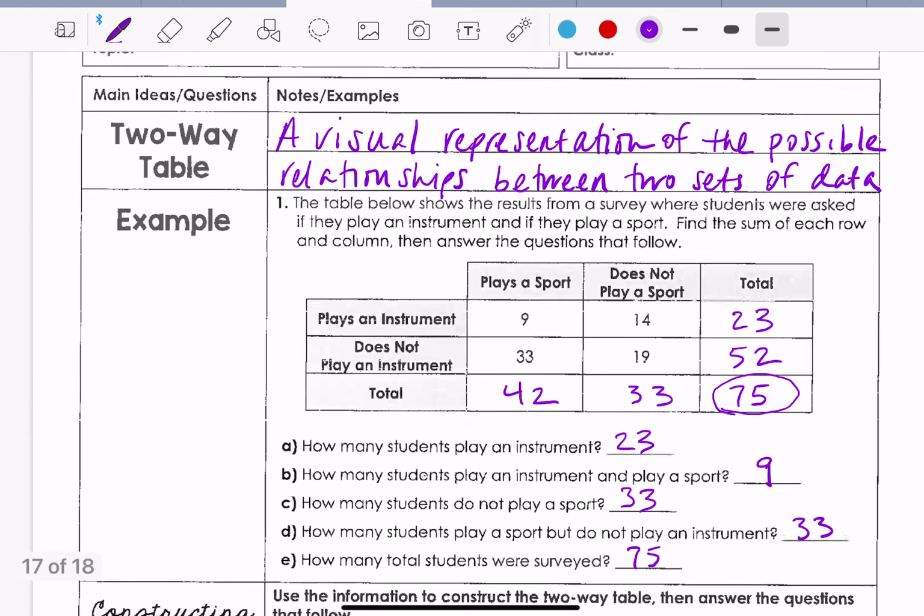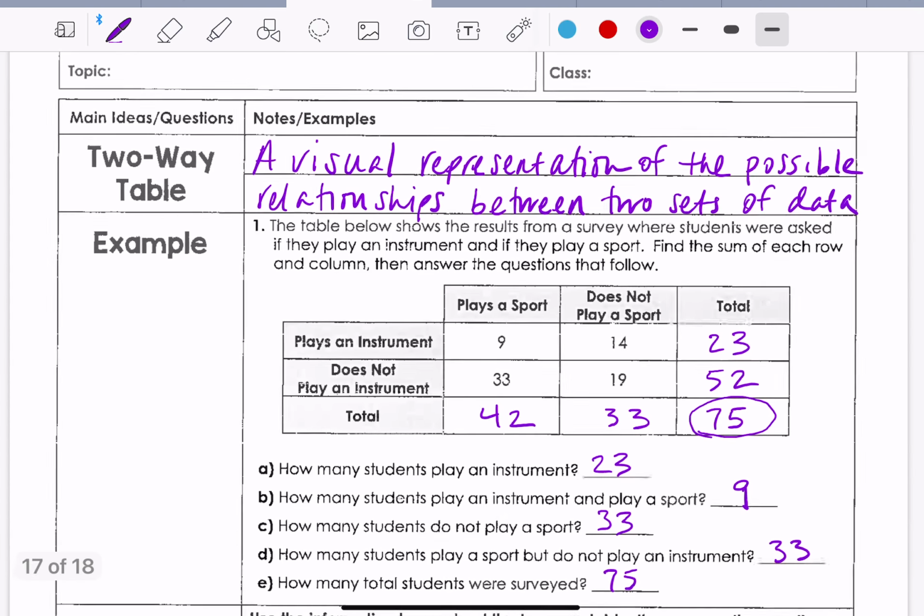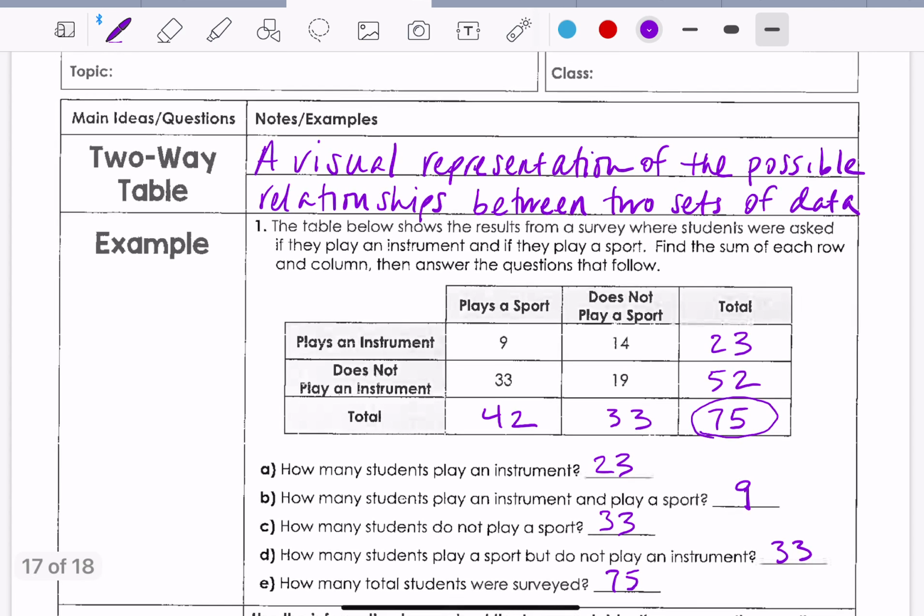Okay, so before we move on to the next question, another way to look at these relationships is percentages. So over on the left-hand side, we're going to talk about the percentages. We're going to answer these same questions again, but we're going to think about what percentage. So for A, what percentage of students play an instrument?